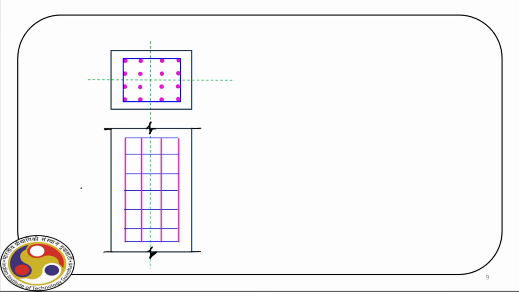So now here you can see, this dimension is 500. Here also we have 500. Then we have main bars 12.